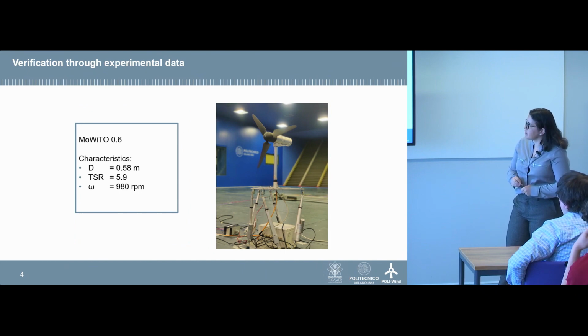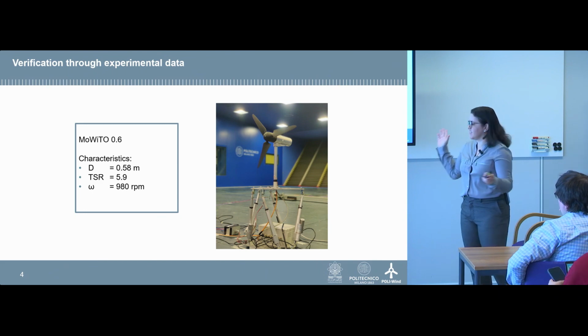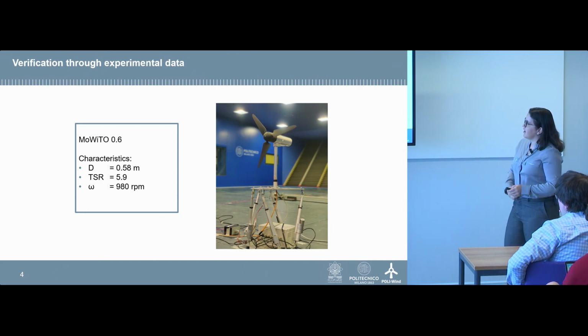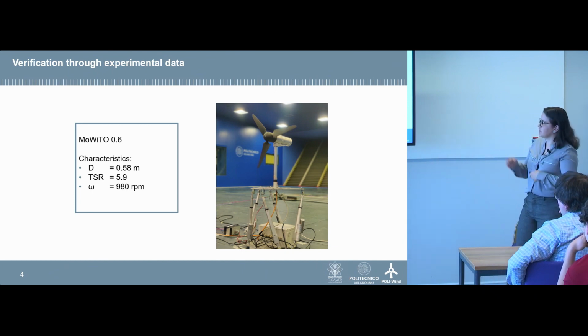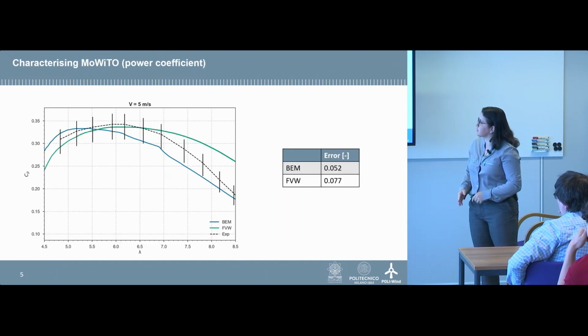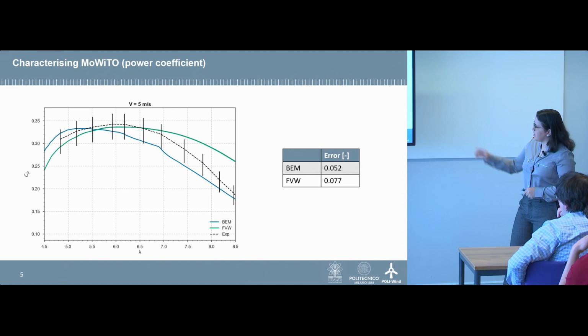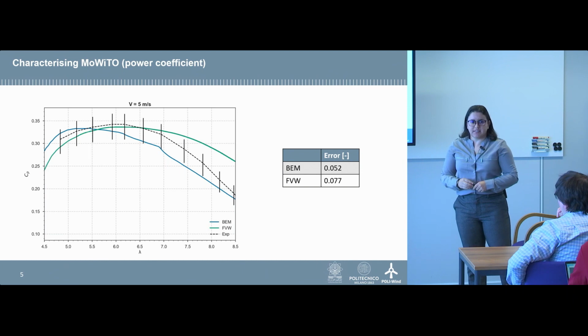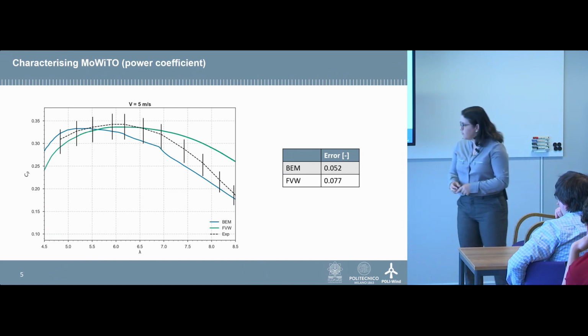So let's look at MOITO again, with the same characteristics that Thomas already described. How do the engineering models compare against the MOITO characterization? First, let's look at the power coefficient. The dashed black line is the experimental data from MOITO, the blue line is the unsteady BEM, and the green line is the free vortex wake.